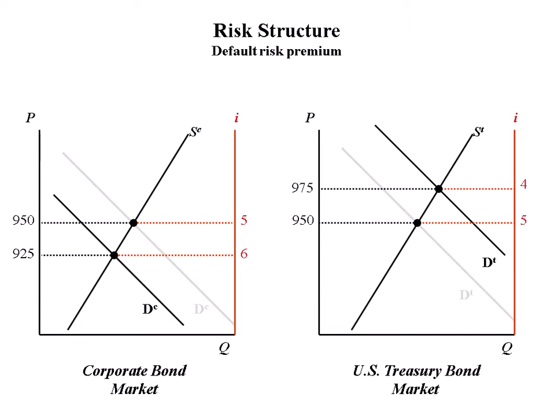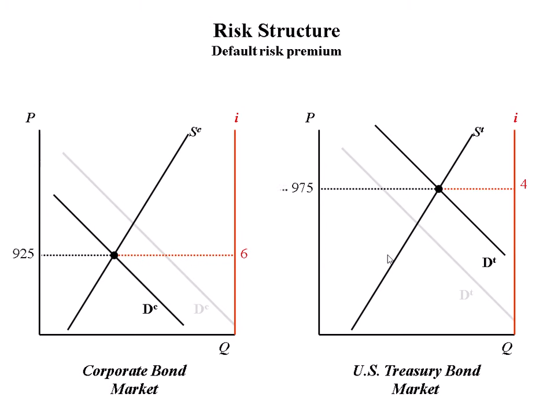Also, when people are leaving the corporate market and entering the Treasury market, the price gets bid up, and maybe that price gets a little too high, right? $975. That's a lot more than $950, and a lot more than $925. So at some point, the demand for treasuries is going to stop increasing relative to corporates.